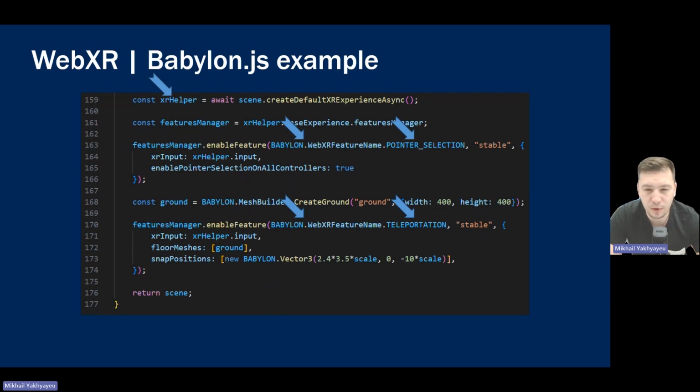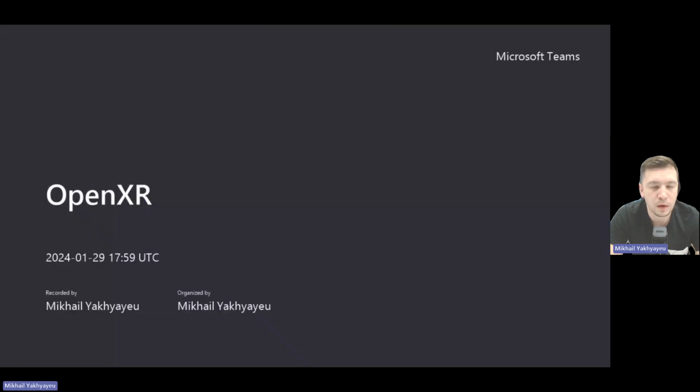The last two arrows are pointing to the WebXR feature called teleportation, which is pretty useful because if you have a huge VR scene and you want to get somewhere in it, you don't have to physically go all the distance. You can just teleport yourself in the scene. So this is a pretty useful XR feature.